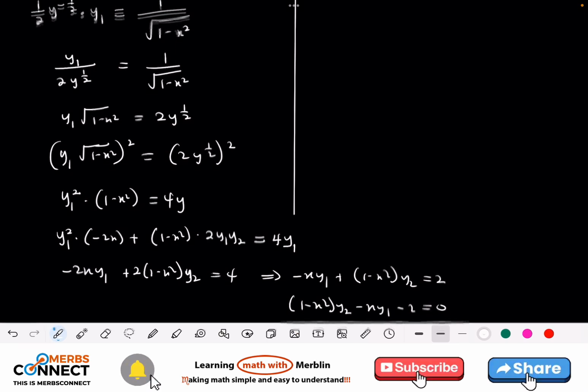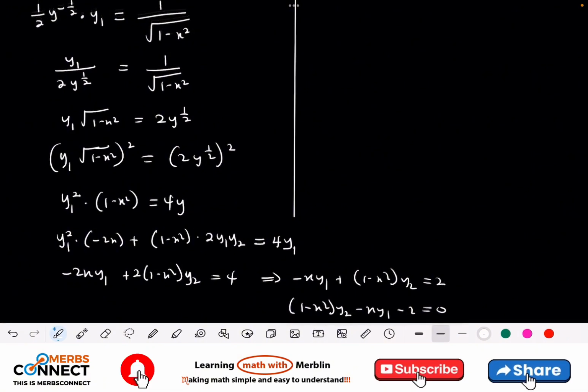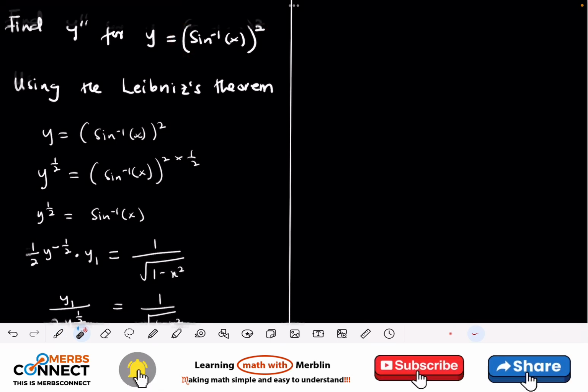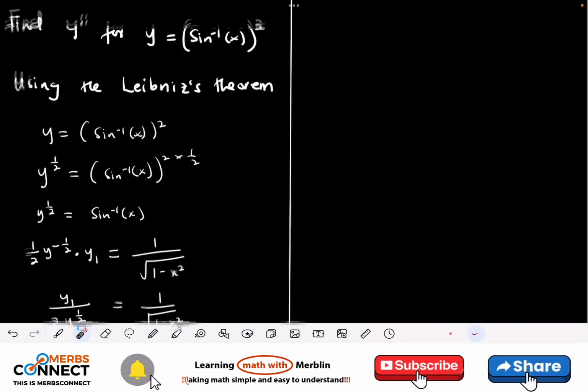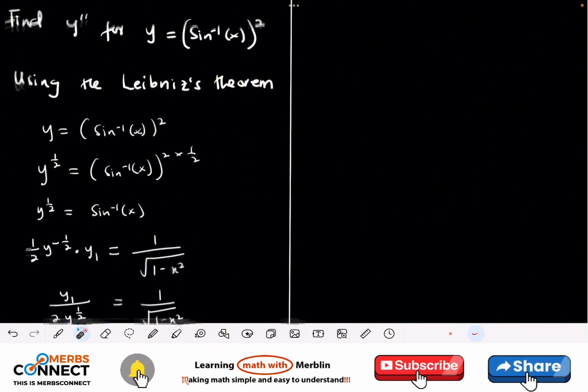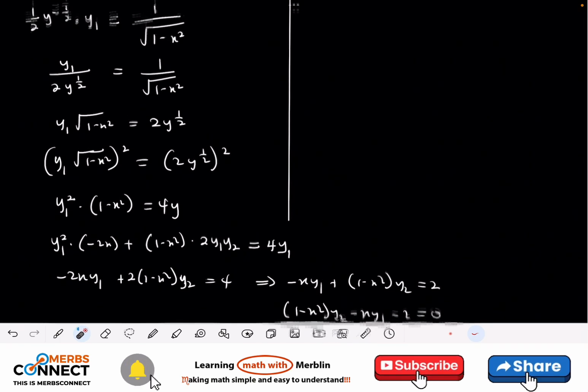Now, for the same example, we've used this approach. I'll do another video where we just differentiate the function straight away, and we will see what we are going to get at the end of the day. Sometimes it all depends on where we are getting to. If it's section B, sometimes it's better for you to use this.